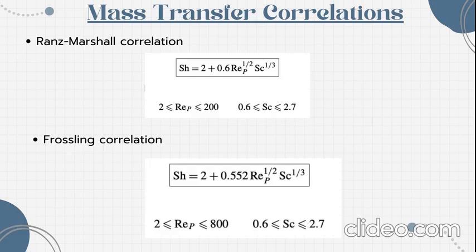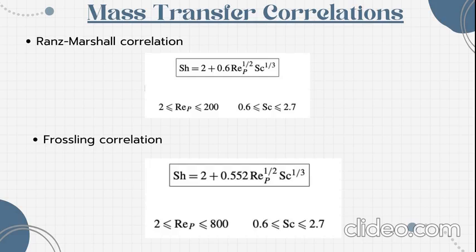When convection is taken into consideration, we have the Ranz-Marshall correlation, which says Sherwood number is equal to 2 plus 0.6 into root of Reynolds number into cube root of Schmidt number. This is valid when the Reynolds number is between 2 to 200 and the Schmidt number is between 0.6 to 2.7.